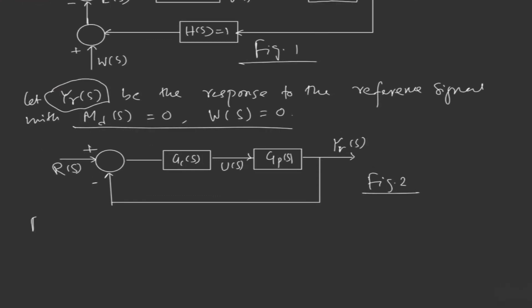Now let's find the transfer function YR of S with respect to R of S. From figure 2, we can write YR of S equal to, okay, here let's denote this as my E of S. So it will be multiplied GP into GC into E of S. So GP of S, GC of S, and E of S we can write.